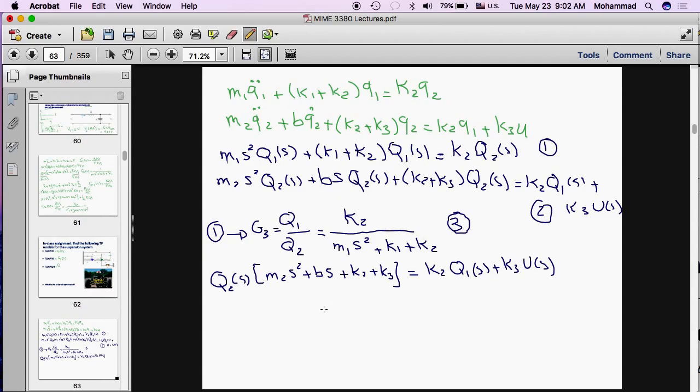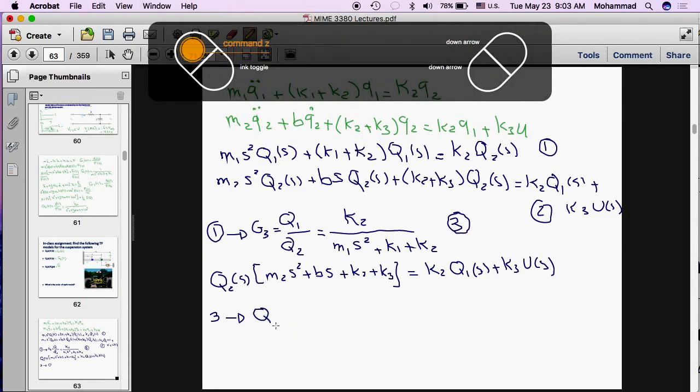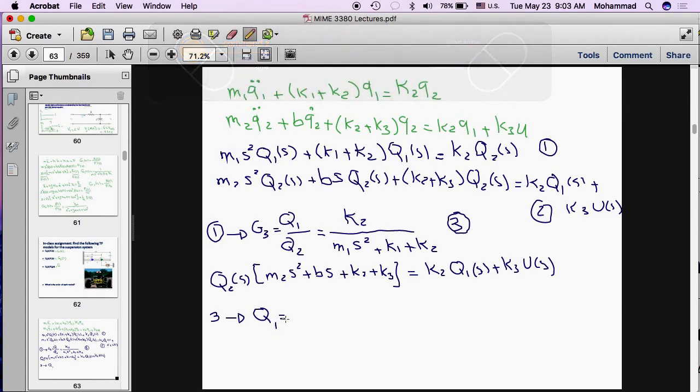So let me write it here. According to equation 3, Q1 is equal to Q2 multiplied by G3.